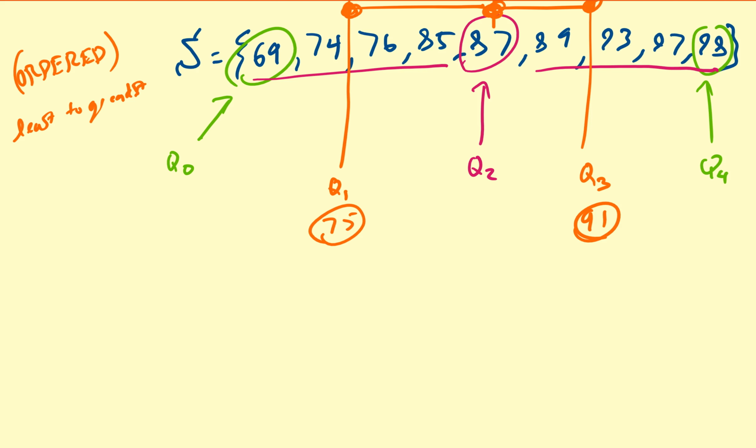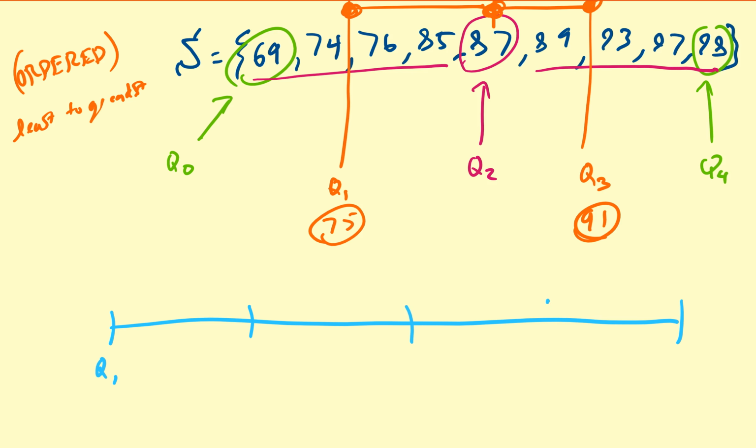So let us make sure that everything is working correctly. If I have everything done correctly, then I should have all of these values partitioned equally beyond these 5 numbers. Q0 is going to be 69, Q4 is going to be 98, Q2 is going to be 87.